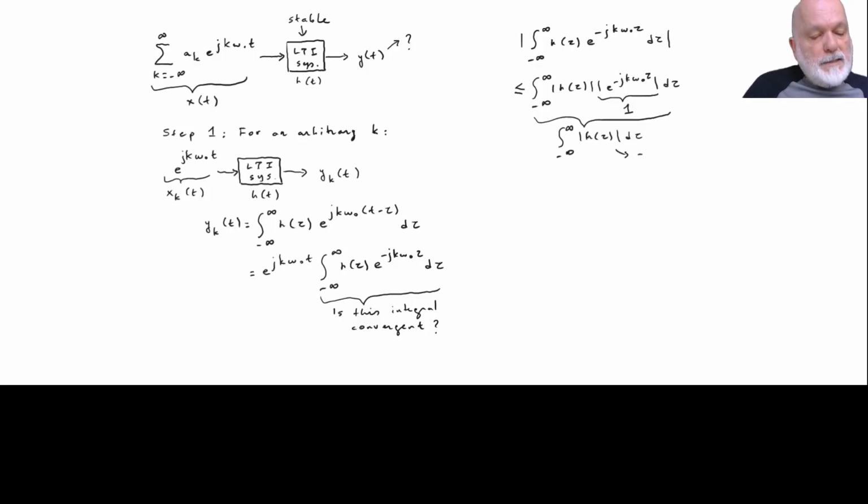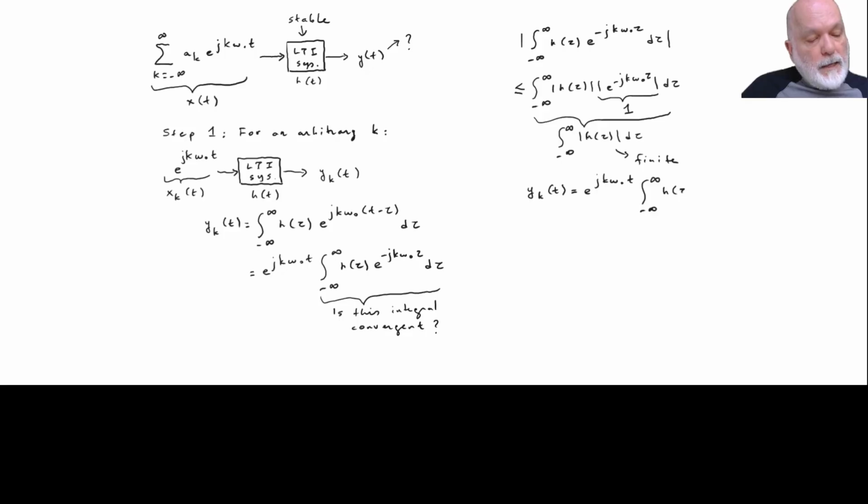So this integral must be convergent and it must have a finite value. Therefore, yk of t is equal to e to jk omega 0 t, and then we have this integral. Now we know that this integral exists because h is absolutely integrable.